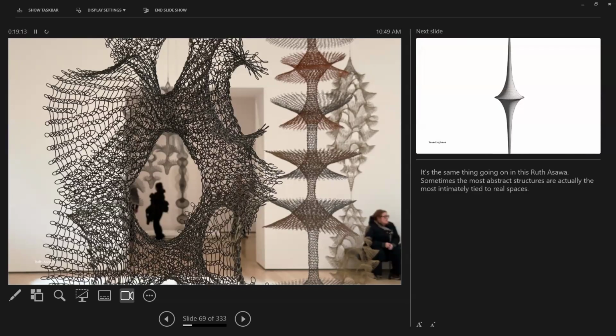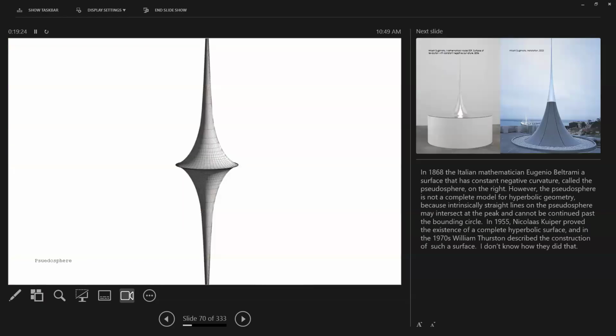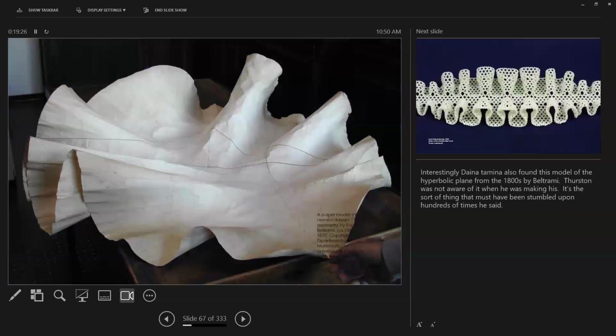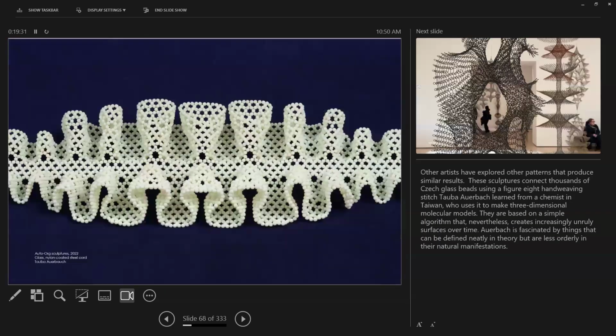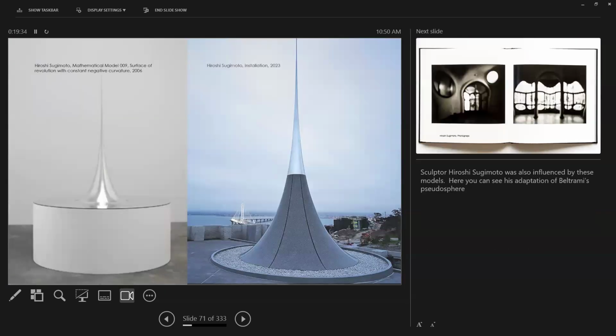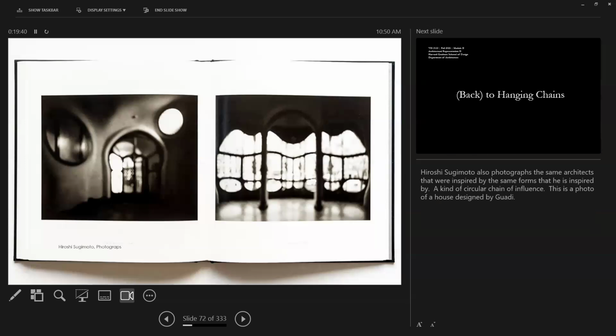Here, there's an idea that somehow the physical material process is often essential for our intuition of understanding something that is otherwise abstract. Interestingly, the first person that made a model like that was this man, Eugene Beltrami, an Italian mathematician, and he also influenced this artist who is also obsessed with Gaudi.